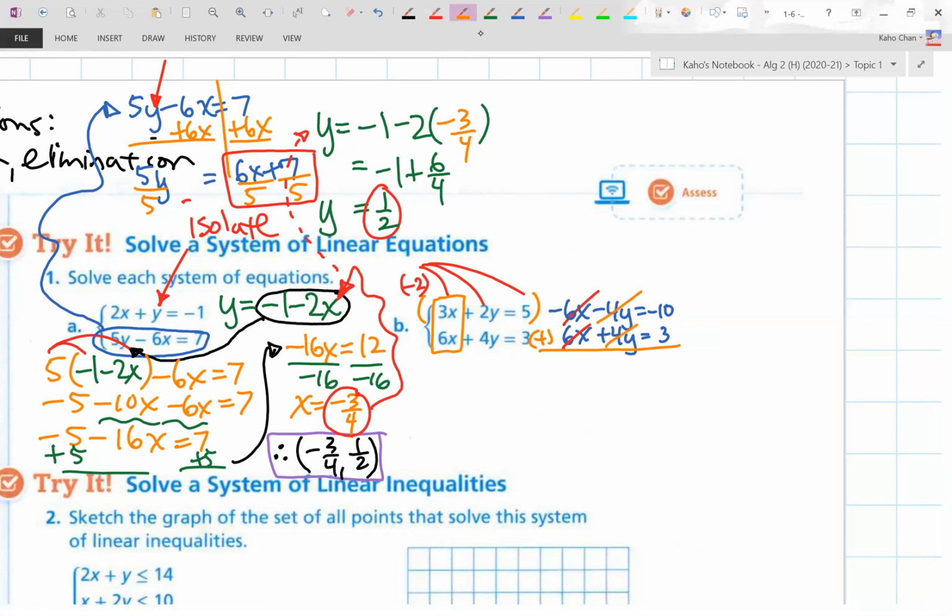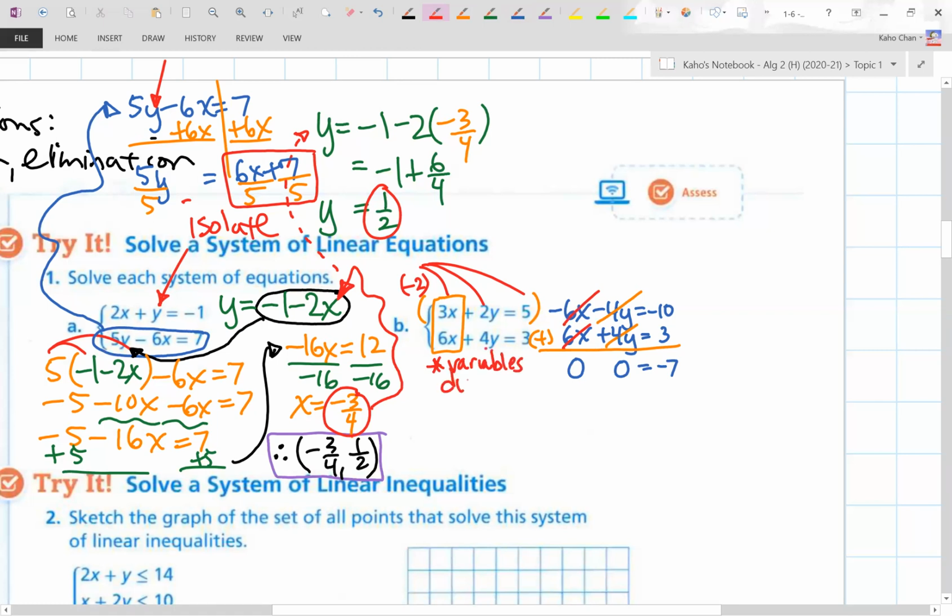Not only do the x's go away, the y's go away too. And if I add negative 10 to 3, I get negative 7. We end up with a strange situation where the variable disappears and we're left with a dilemma.